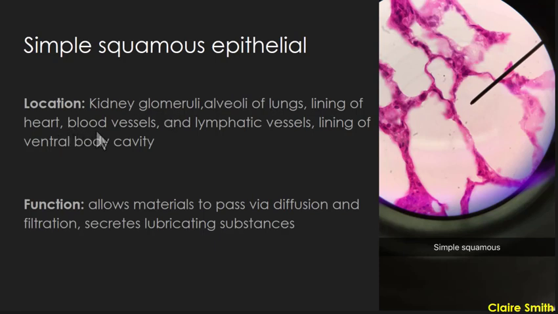Lining of the heart and blood vessels, again, in the blood vessels you need diffusion and filtration. Lymphatic vessels, lining of the ventral body cavity. Typically for these, I'm just going to ask you to know one location and one function. I always remember things that make sense together: the alveoli of the lungs, diffusion and filtration. So that's simple squamous epithelial.